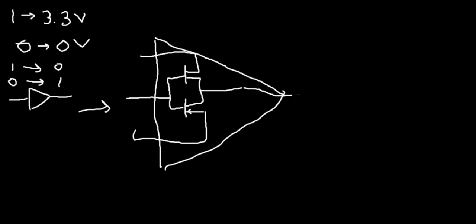Okay. So we have our input, we have our output. And then here, this device is powered by 3.3 volts. And this is just ground here. Ground just means 0 volts. That's all that means.